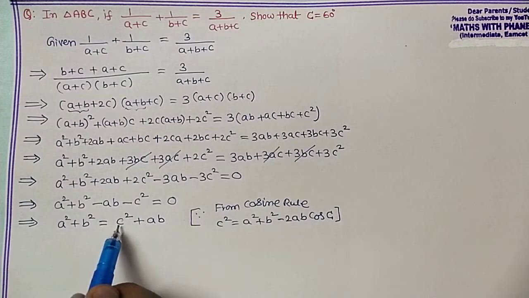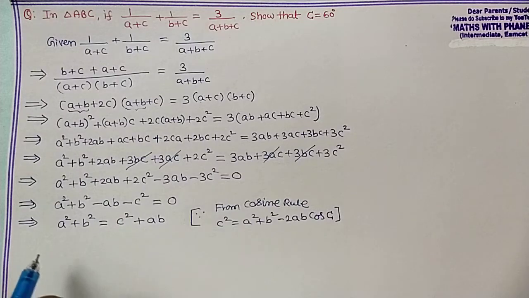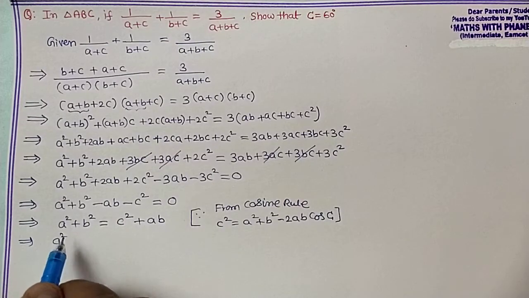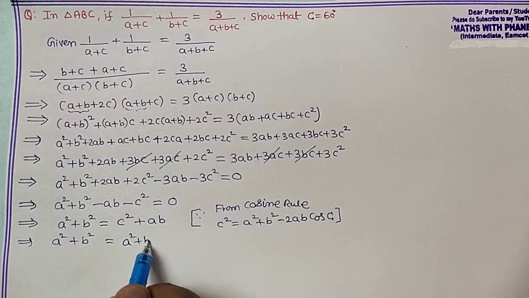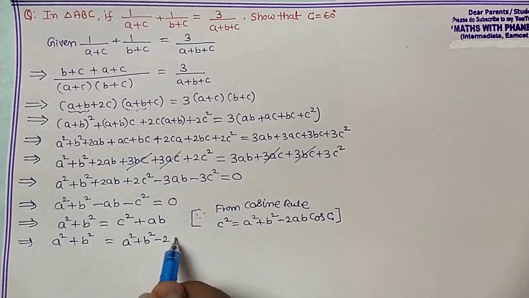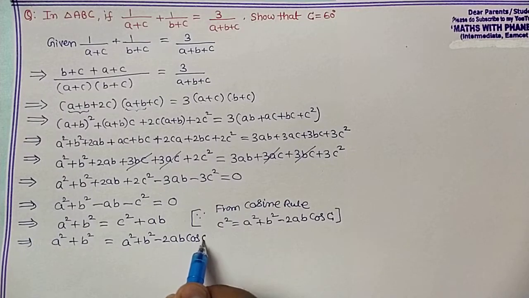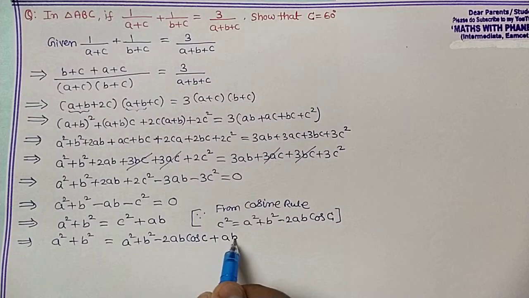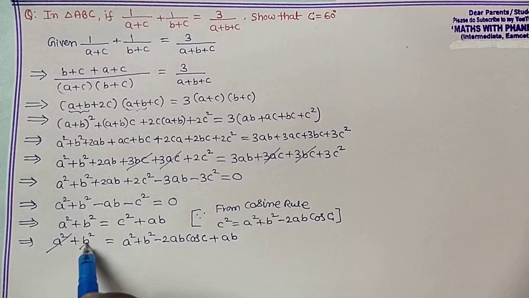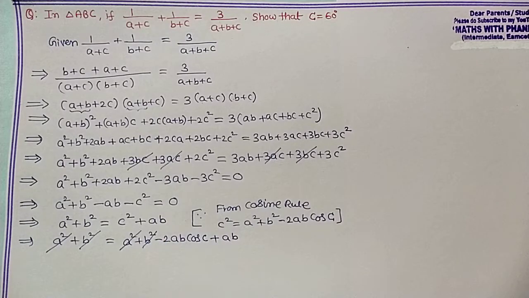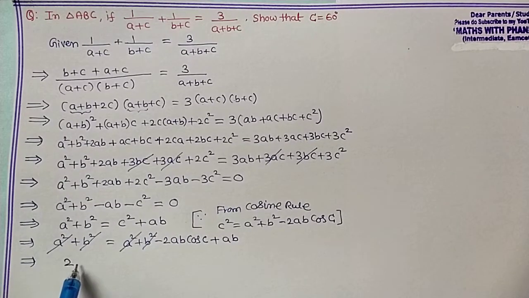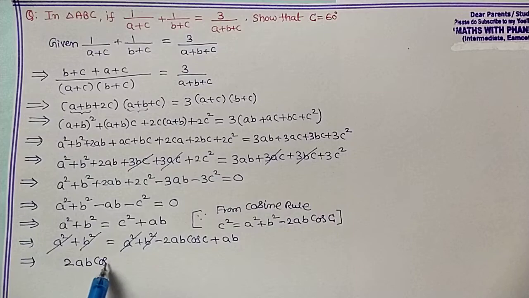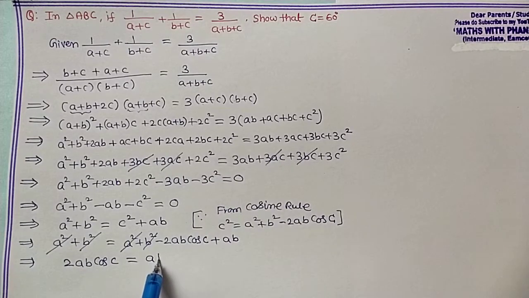So now in place of c square, this value you have to replace. a square plus b square equal to a square plus b square minus 2ab cos c plus ab. On both sides a square plus b square will be cancelled. Minus 2ab cos c I am taking this side. That implies that 2ab cos c is equal to ab.